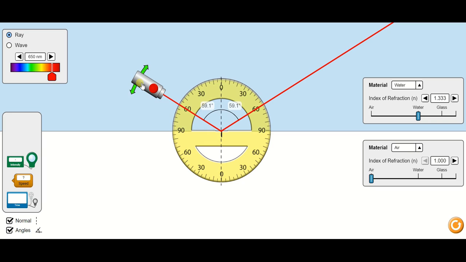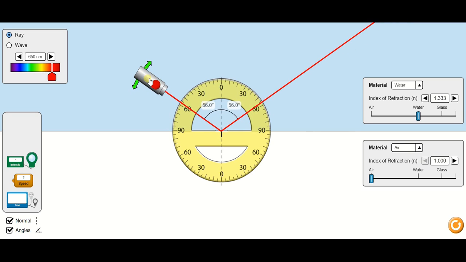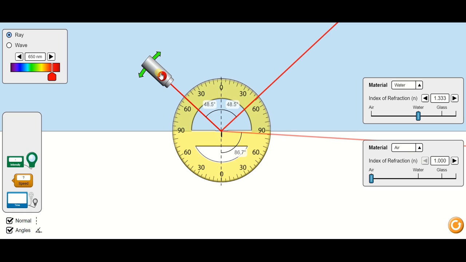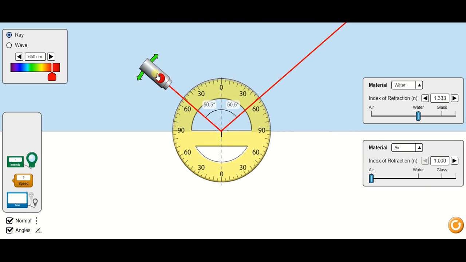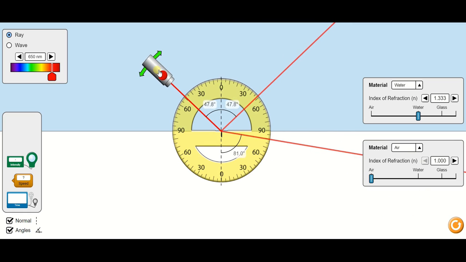That is, it is now said to be in total internal reflection. Internal means within. So here the light has undergone total internal reflection. The angle at which this happens is called the critical angle of that medium. So here it would be around 48 point something, around 6 or 8.